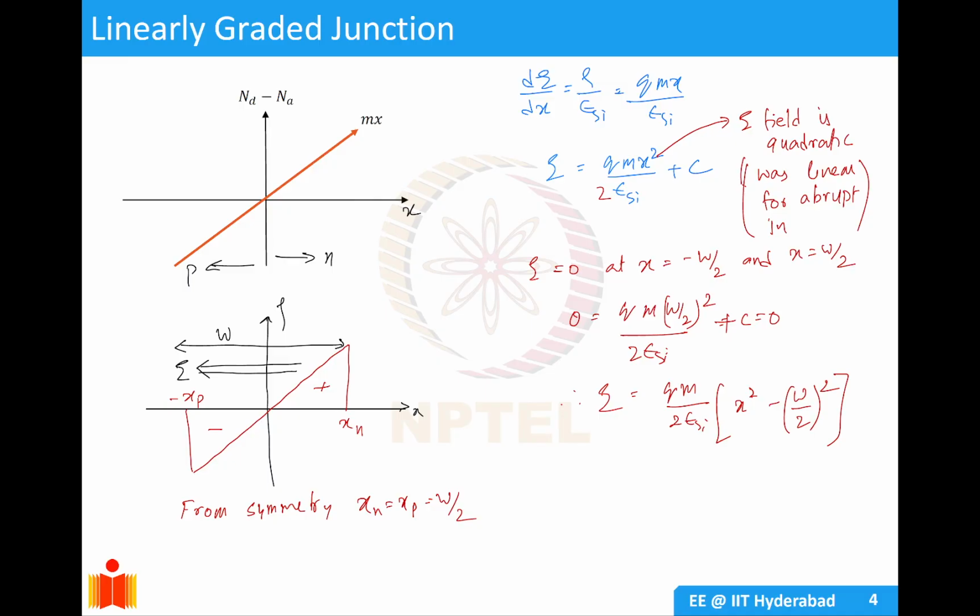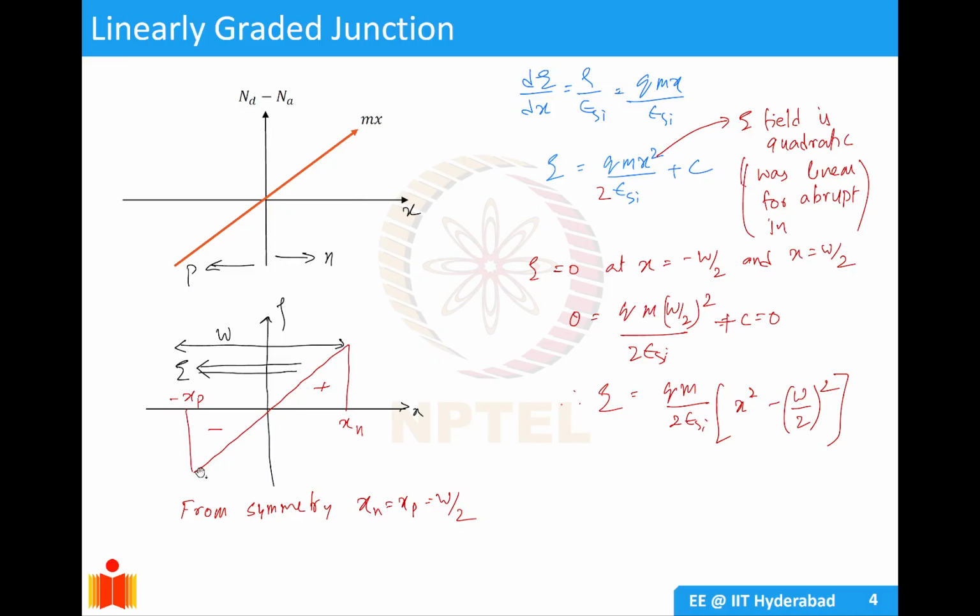So till now we were studying abrupt junctions. Now we will study linearly graded junctions. In linearly graded junctions, instead of having constant charges in the p-type and the n-type region, you have a linearly graded depletion charge region.